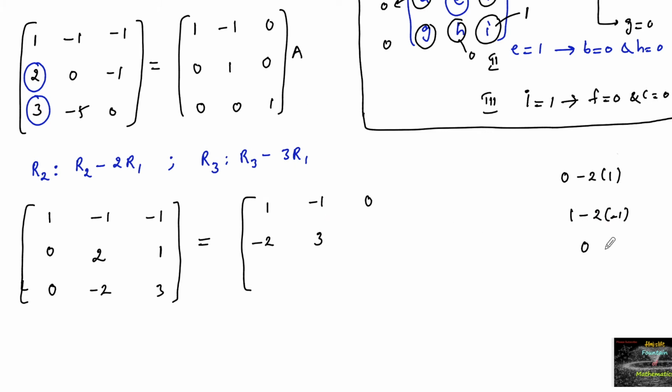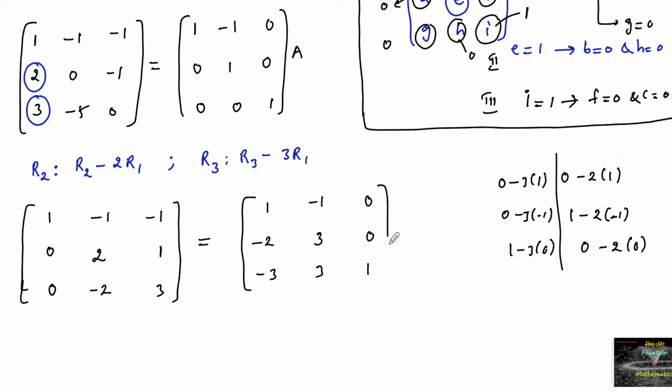And then 0 minus 2 times 0, that is 0. And coming to the third row, R3 minus 3R1, R3 is 0 minus 3 times 1, that is minus 3. And then 0 minus 3 times minus 1, that is minus of minus, plus 3. And then 1 minus 3 times 0, it's 1, into matrix A.